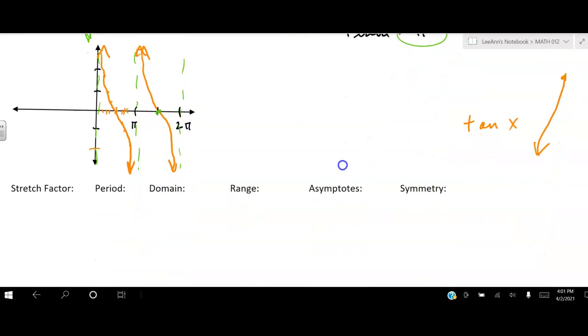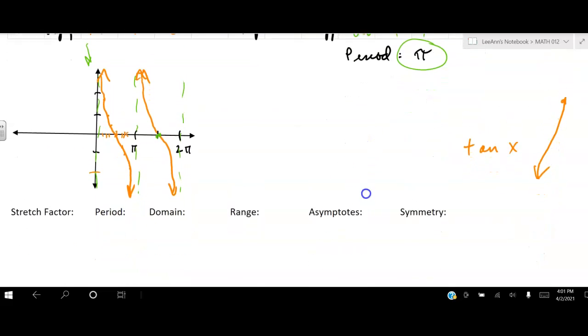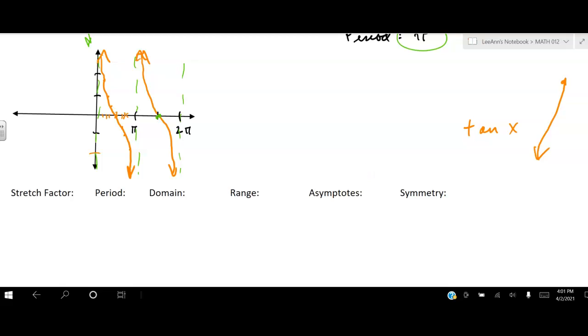All right. So when we have y equals a cotangent bx, then we get a stretch factor of the absolute value of a. We can still have that, and maybe it reflects. The period is going to be pi over the absolute value of b. And then what's the domain going to be?